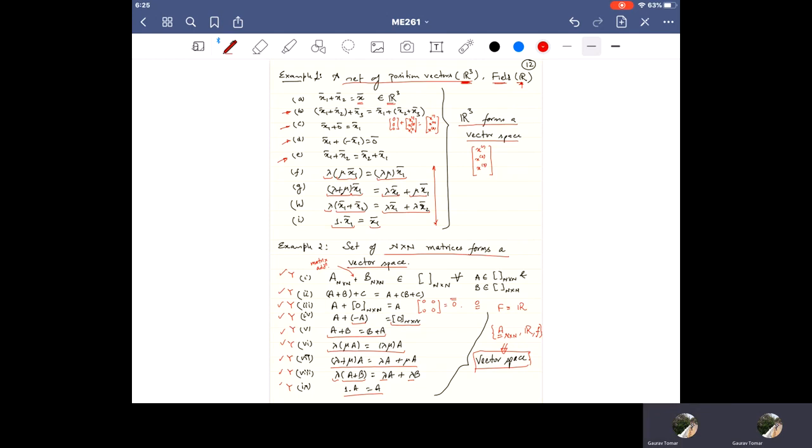And we also noted that with this new definition of vector space, not just the old vectors fall into this category, but you can also define, for example, in this case, what we showed was that n cross n matrices would also form a vector space, right?